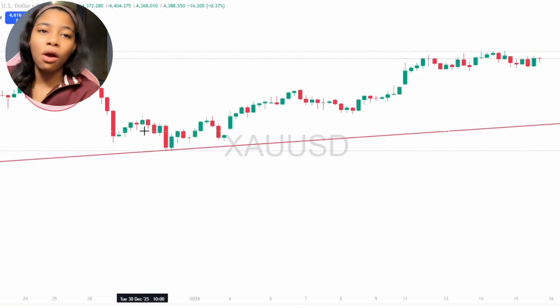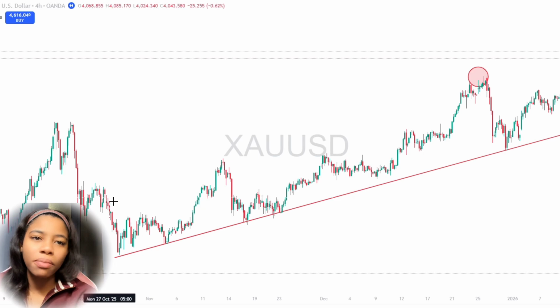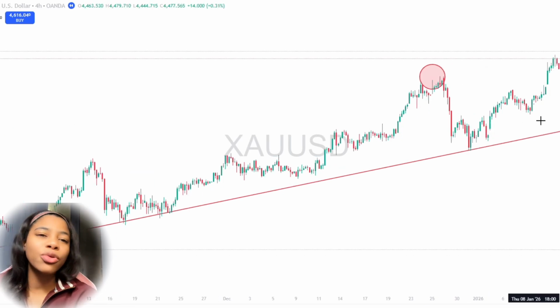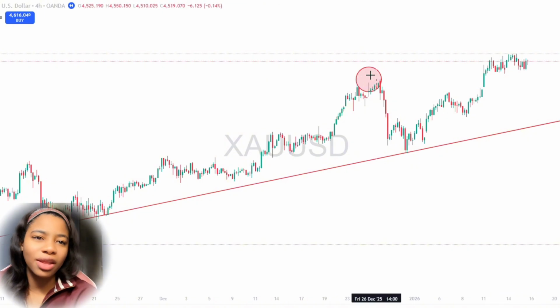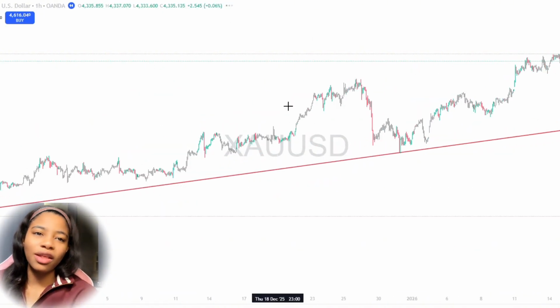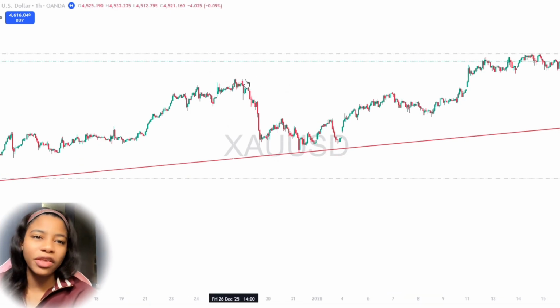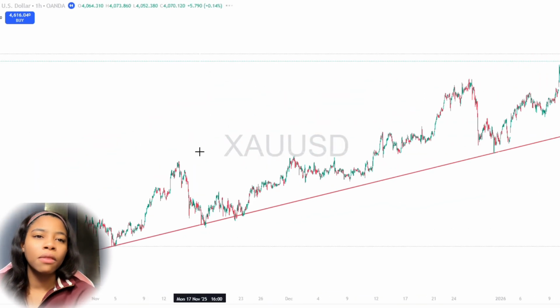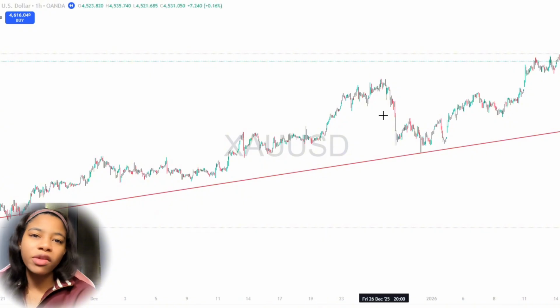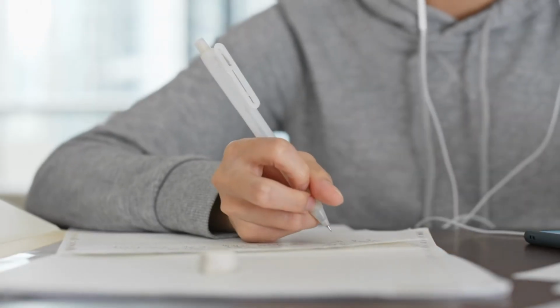Spend time understanding it. Now, if you're a new trader, your question probably right now is, how do you find the pattern, or how do you actually know what the market is doing? How can you identify if the market is really having an uptrend or a downtrend when it's doing all of this and it looks confusing? I'm going to give you a simple process right here. Make a note of it. Okay?